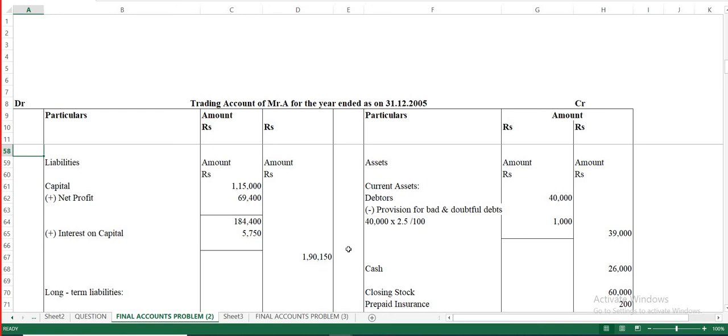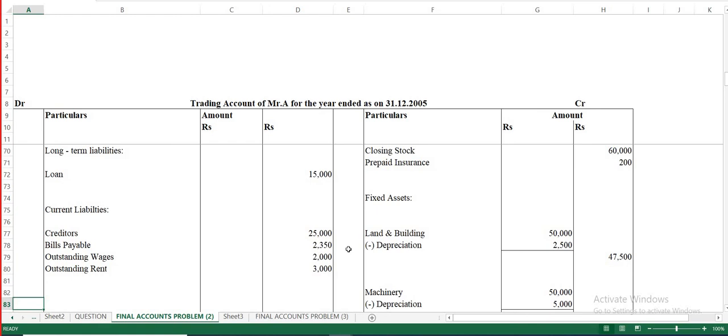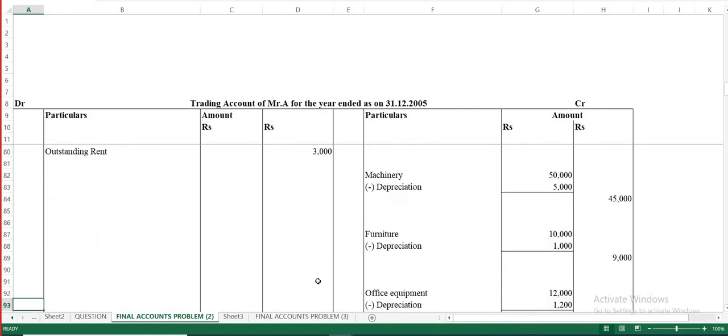On the liability side, 1,90,150 plus 15,000 plus 25,000 plus 2,350 plus 2,000 plus 3,000. Okay, so 2,37,500 I'm getting on this side also.